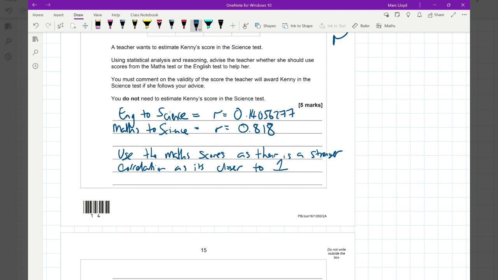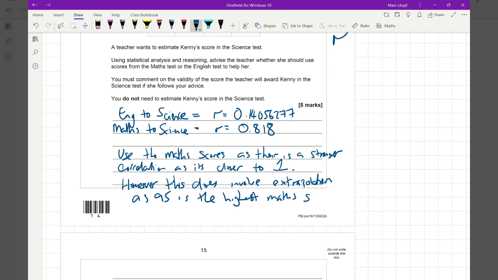However, this does involve extrapolation, as 95 is the highest maths score.